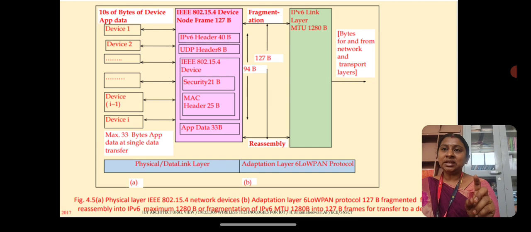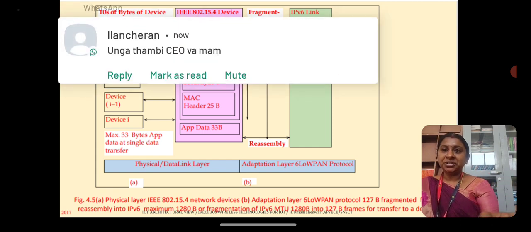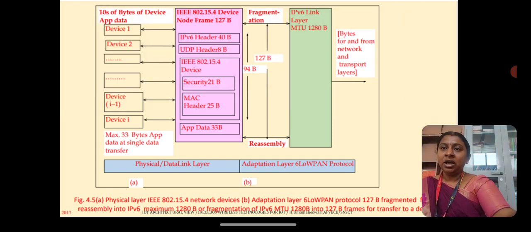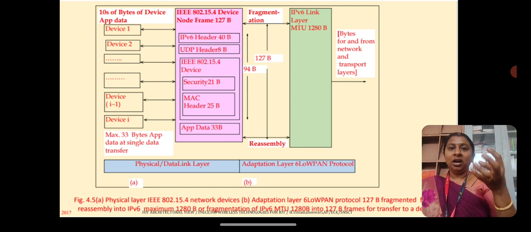Here it uses Internet Protocol version 6, the user datagram header, then the IEEE 802.15.4 device, then security, the MAC header and the application data. Finally fragmentation is done, where the data is fragmented into small bytes of data and then transferred.